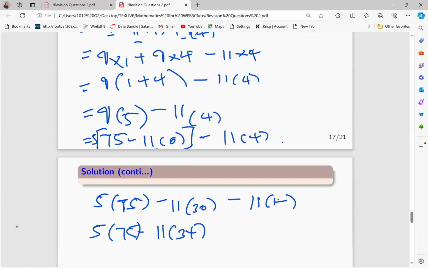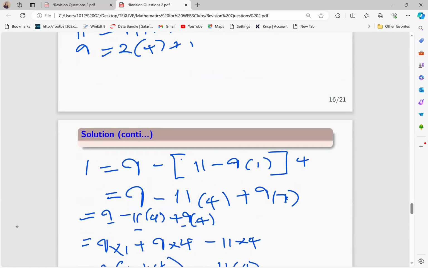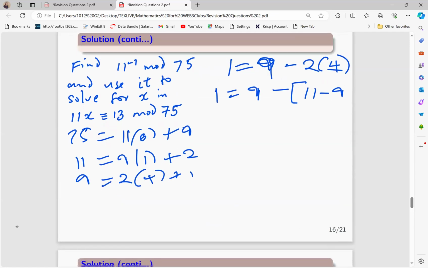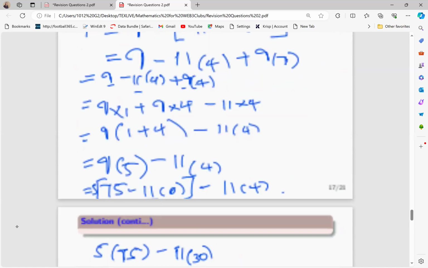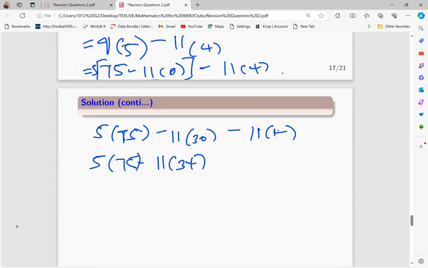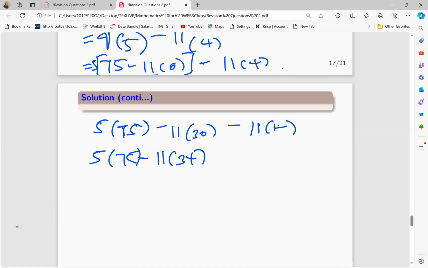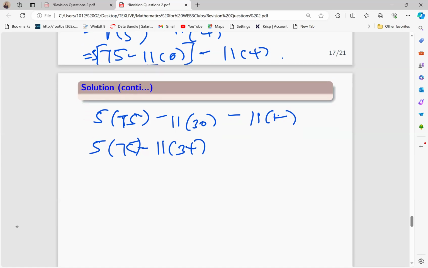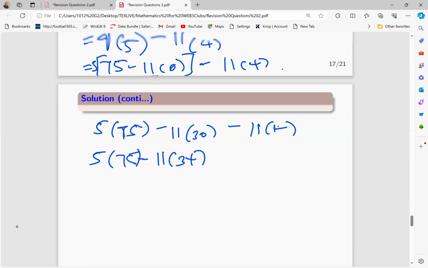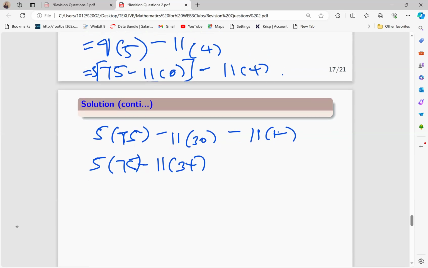And then from above, thank you. Okay. What is the inverse of 11 from that step? From where he has reached, what was the inverse of 11? Negative 34. Negative 34 is the inverse of 11.